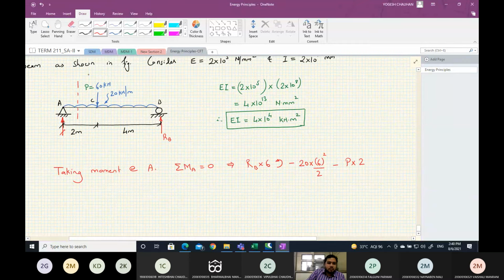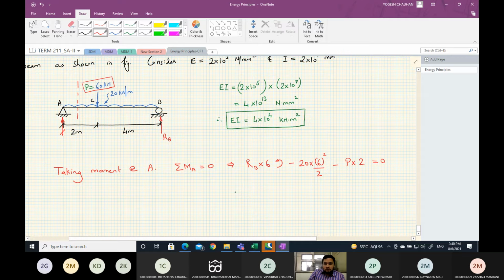Now we'll consider this 60 kN as P only. Okay, and later on we'll substitute the value of P as 60. So multiply by P, this will be equal to 0.